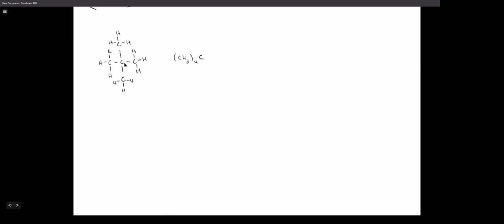Because that one carbon has that, or C, CH3 in parentheses, 4. Either of these would be understood the same. So that's one carbon bonded to 4 CH3s. That works fine. I don't generally like it as much.